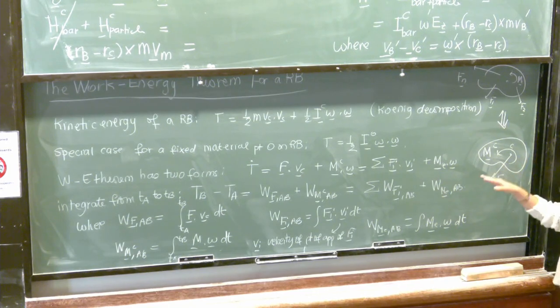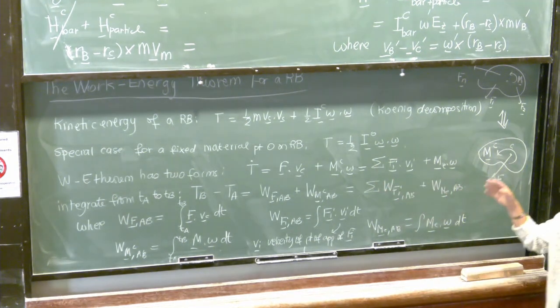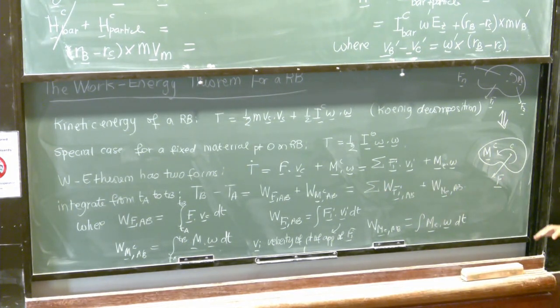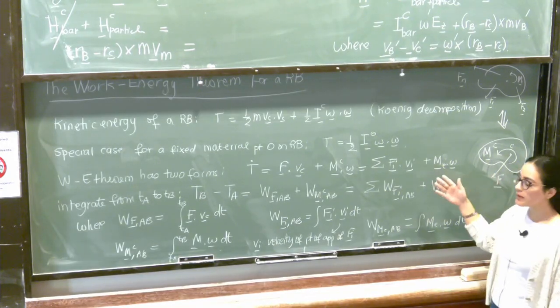So here, these two equivalent forms come from looking at the two equivalent systems. You did this in statics, right? You have a rigid body, you have a distribution of forces acting on it, and couples. You can find the equivalent force and moment acting at the center of mass. So the work energy theorem comes from the two equivalent systems.